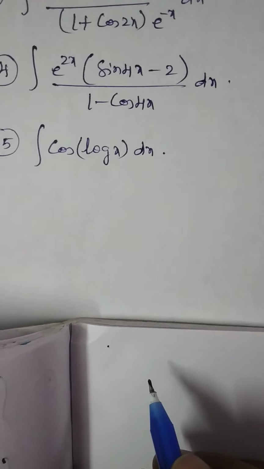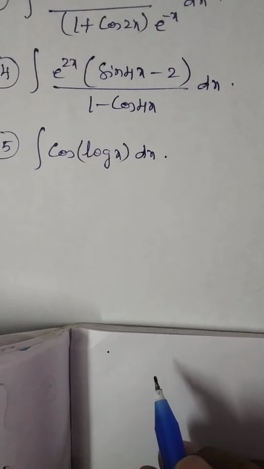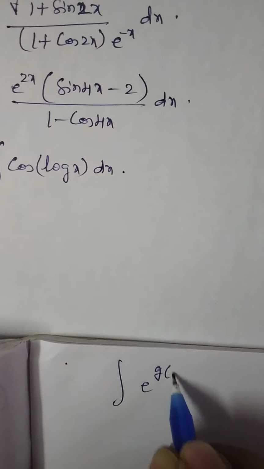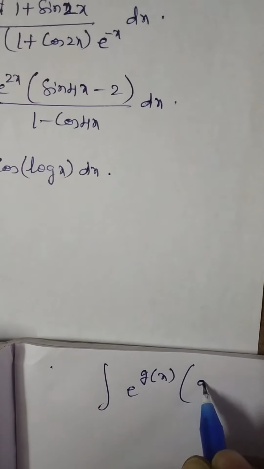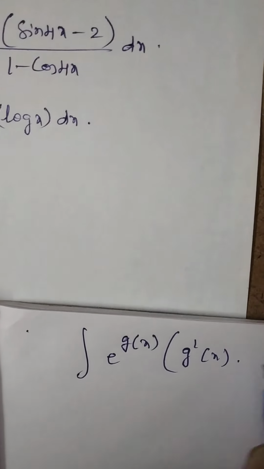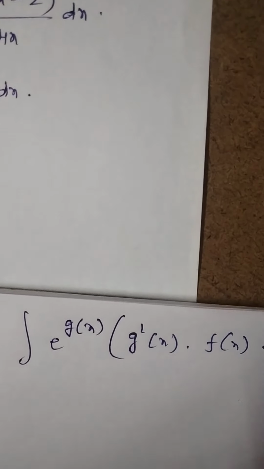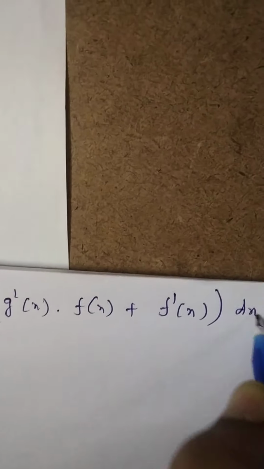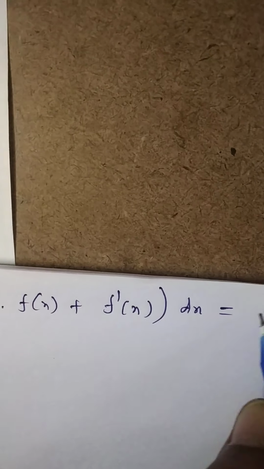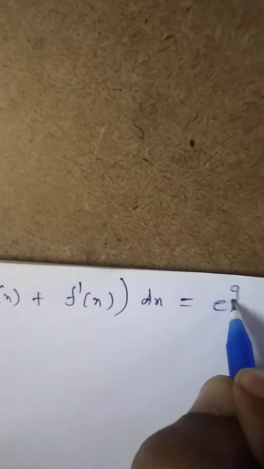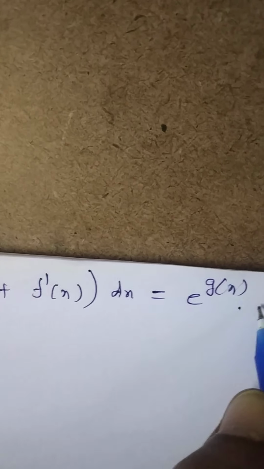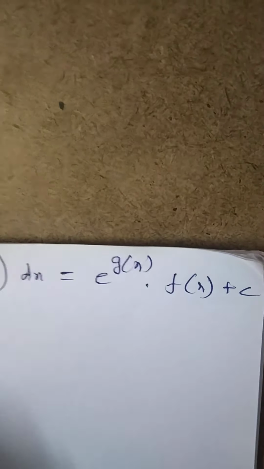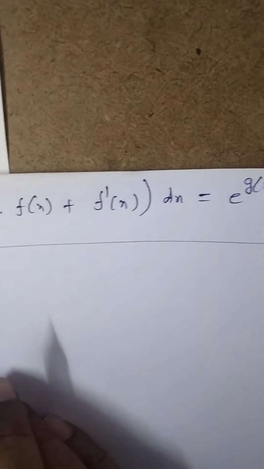The formula is: integration of e power g of x into g dash of x into f of x plus f dash of x dx is equal to e power g of x into f of x plus c. So this formula we have to apply in problem number 14.